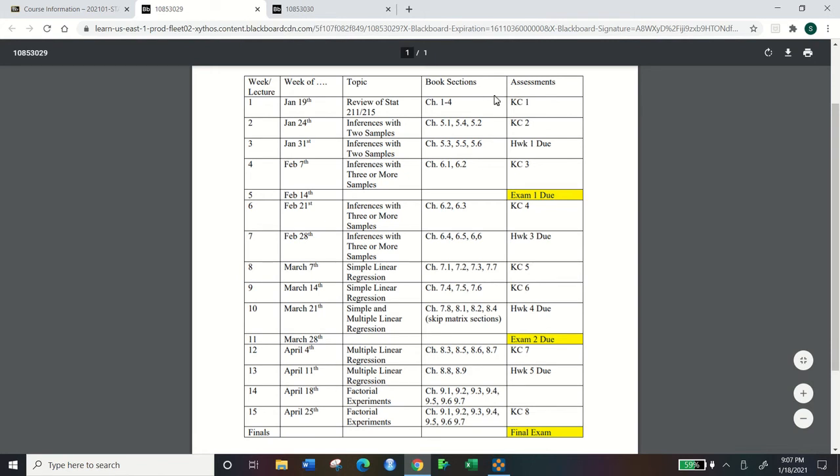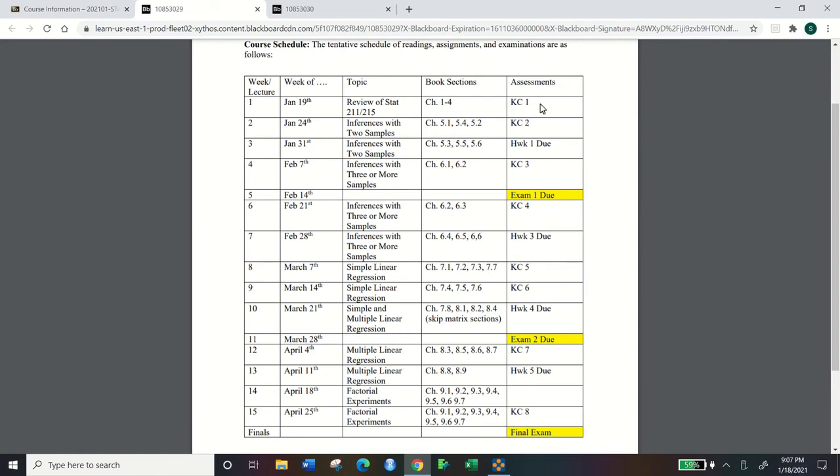You can see each week I have a list of what topic is being covered, the relevant book sections, and the assessment that will be due by 11:59 p.m. on Saturday. You can see homework 1 is due the week of January 31st.